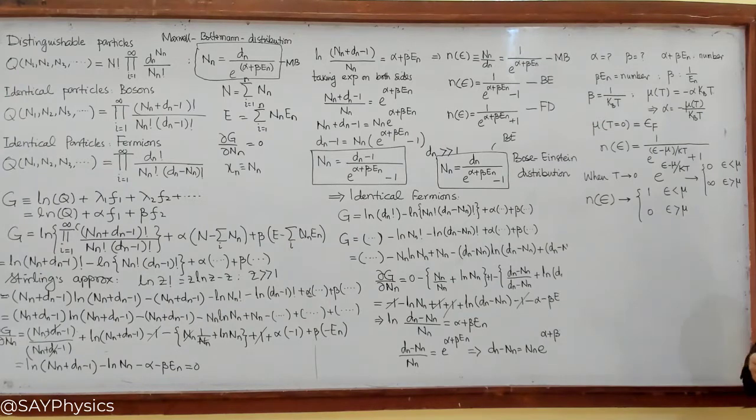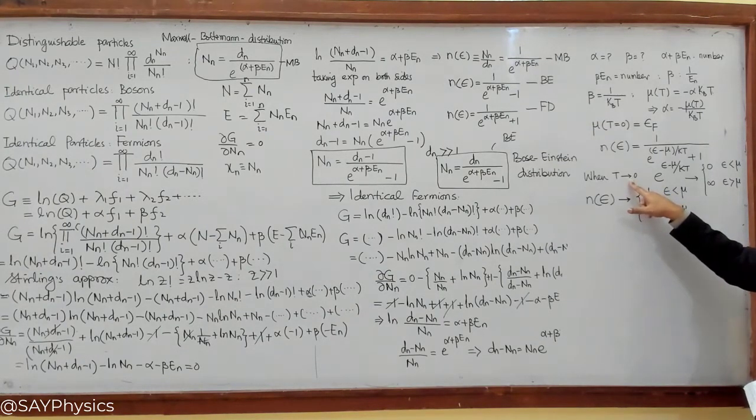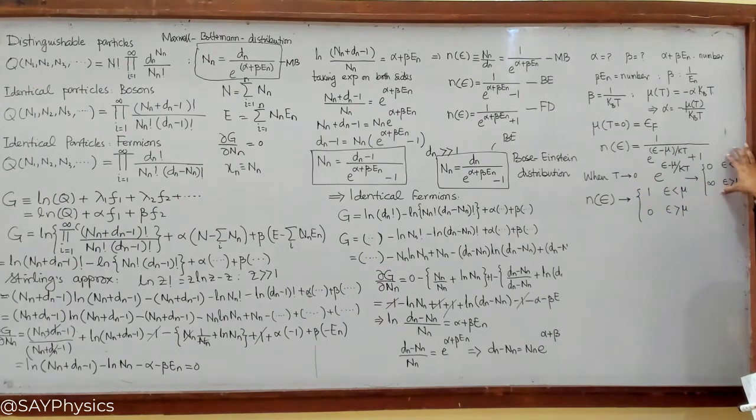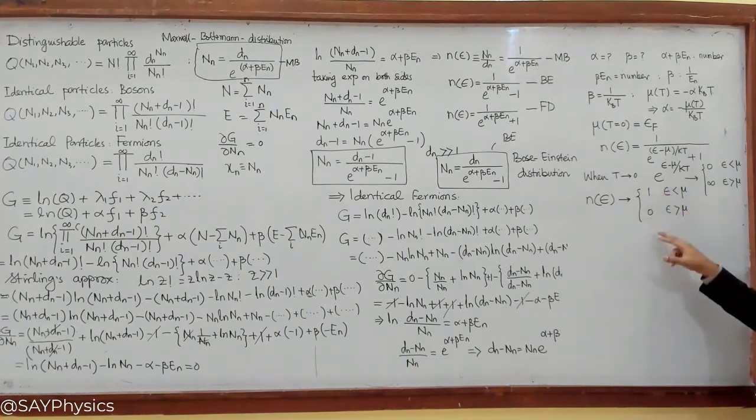Right? So when T goes to 0, then it depends on these two. But if we don't consider even this condition, then when T goes to 0, n(E) either goes to 1 or n(E) goes to 0.